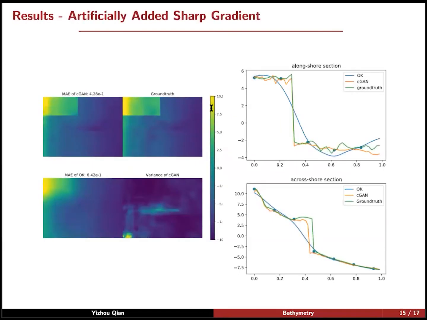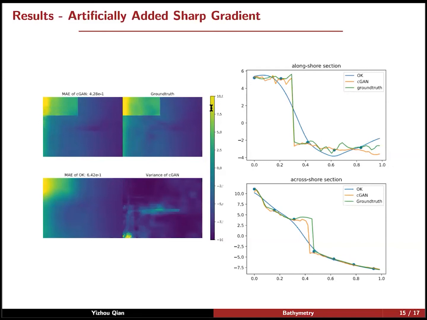This is a comparison on a specific monthly survey with some added sharp gradient component. As we can see here, the conditional GAN has a prediction with lower mean absolute error as well as a much sharper boundary. I guess the explanation is close to before, in terms of prior knowledge.